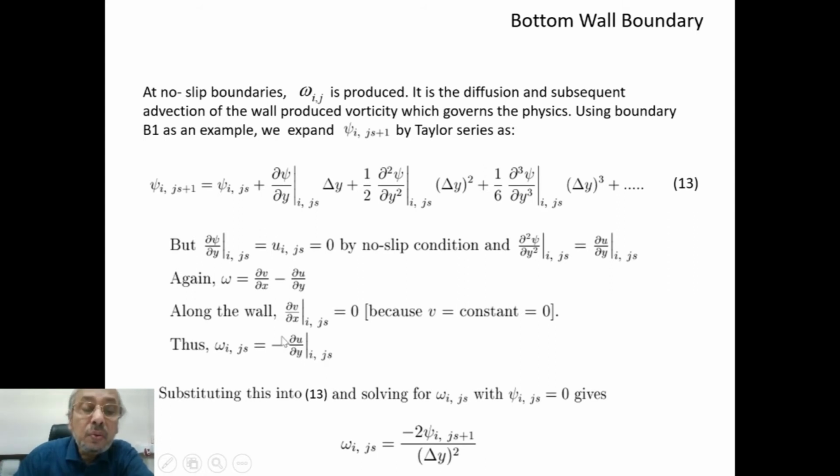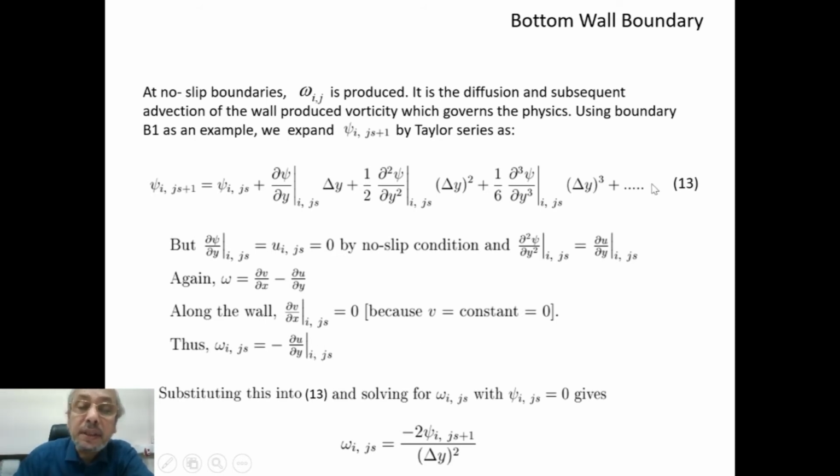Now, minus del u del y at ijs we have written, as you can see just two steps before, del 2 psi del y2 at ijs is del u del y at ijs. So omega is basically minus del u del y at ijs, which we can also say is minus del 2 psi del y2 at ijs.